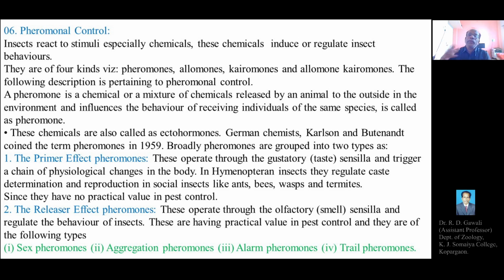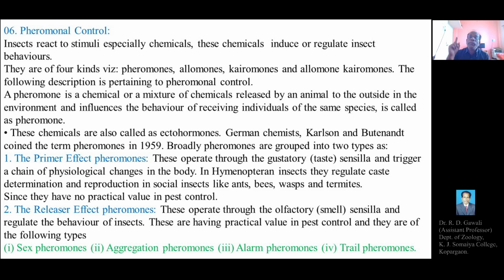When released outside from the body of a particular insect, these pheromones spread in the atmosphere in the form of gas, fumes, or vapors, and regulate the behavior of the insects.